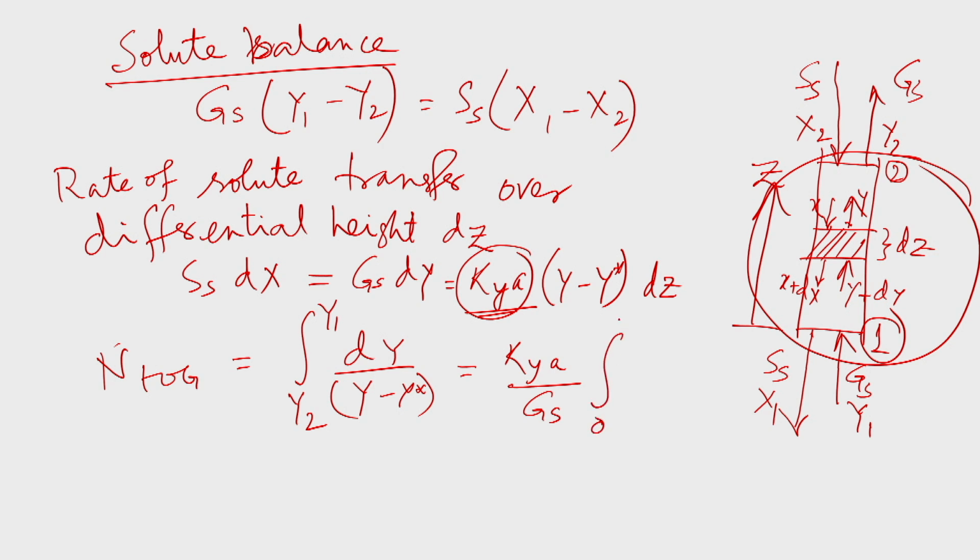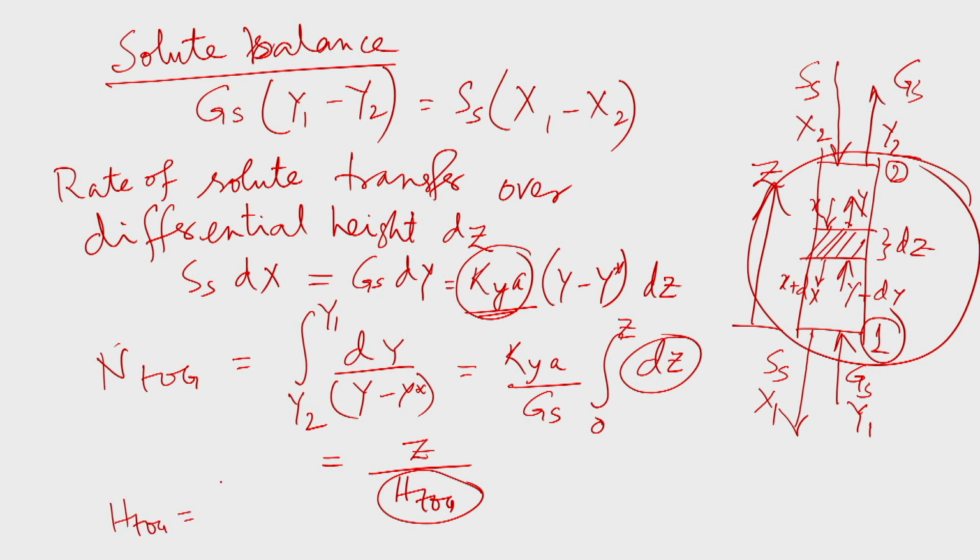So we can say 0 to z, meaning from bottom to top, that will be dz. Okay. So NTOG will be nothing but z by HTOG, where HTOG will be equal to Gs by Ky a. Okay.